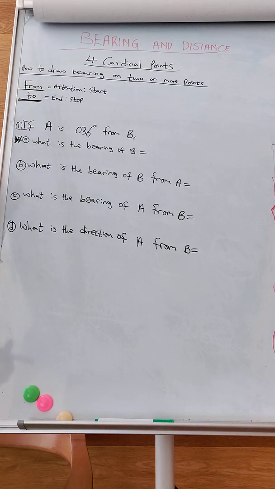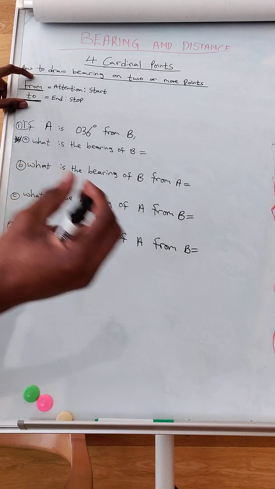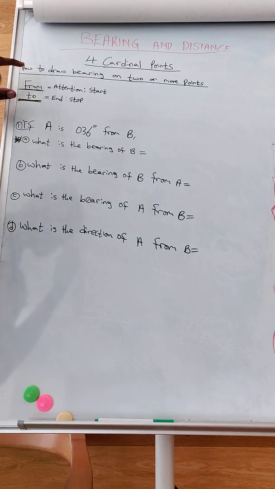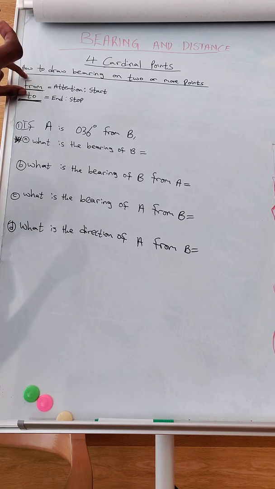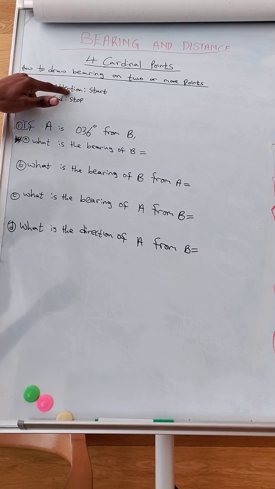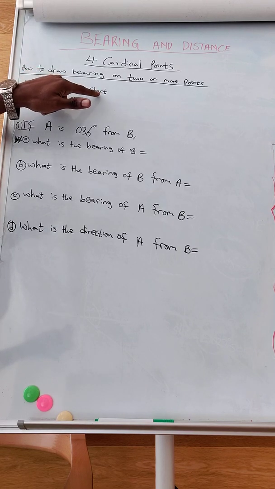Now, before we go into the questions, in any question under bearing and distance, there are two terms you have to take note of. The first one is "from". What is the meaning of "from"? What are you supposed to do when you hear "from"? When you hear "from" in a particular question under bearing and distance, it's calling your attention. That is where you have to start your diagram. That is the meaning.